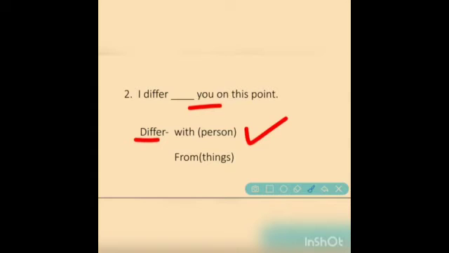So see, I am using differ in because I am talking about that one respect which is making this chapter different from one another. So I hope it's clear that differ with is for person, differ from is for thing, and differ in something. Now let's move forward.